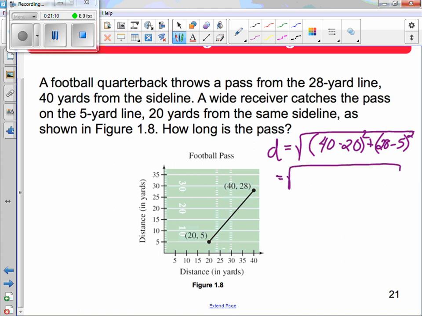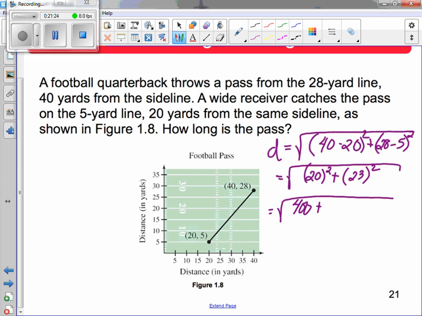Well, 40 minus 20 is, and this is going to be 23. Now, I can do 20 squared in my head. So we can add those together and get the square root of 929, which is approximately 32.